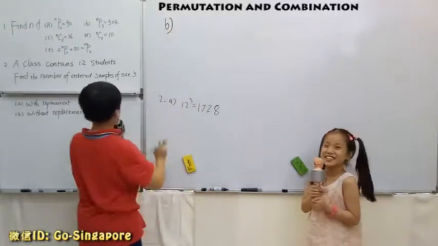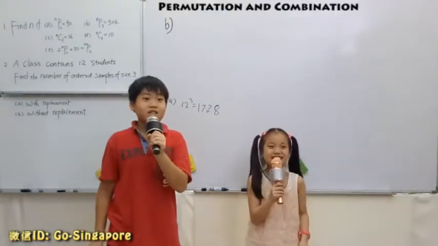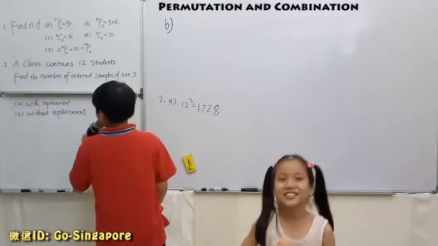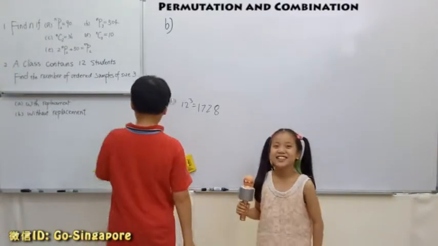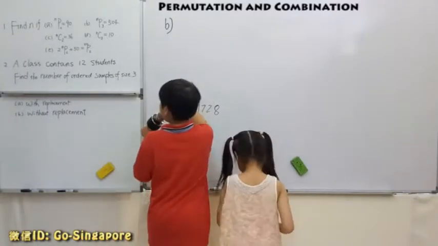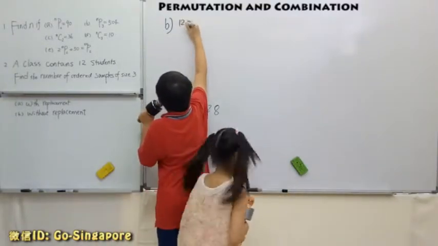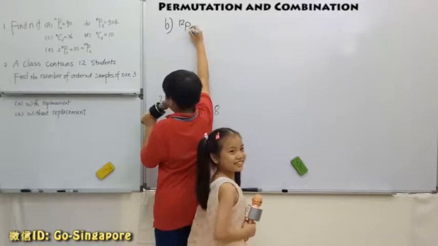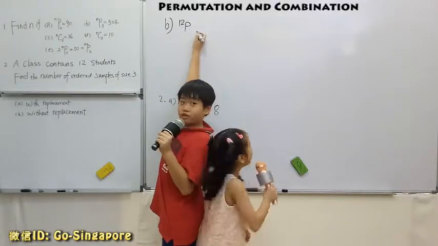Then next is for B, correct? Yes. This B is without replacement, and remember, without replacement, this is 12 permute 3. You need 3, right?